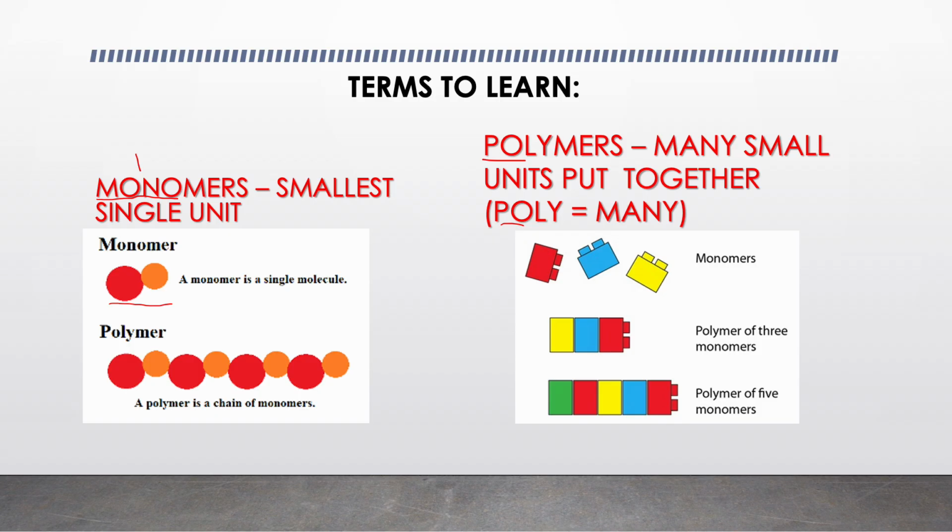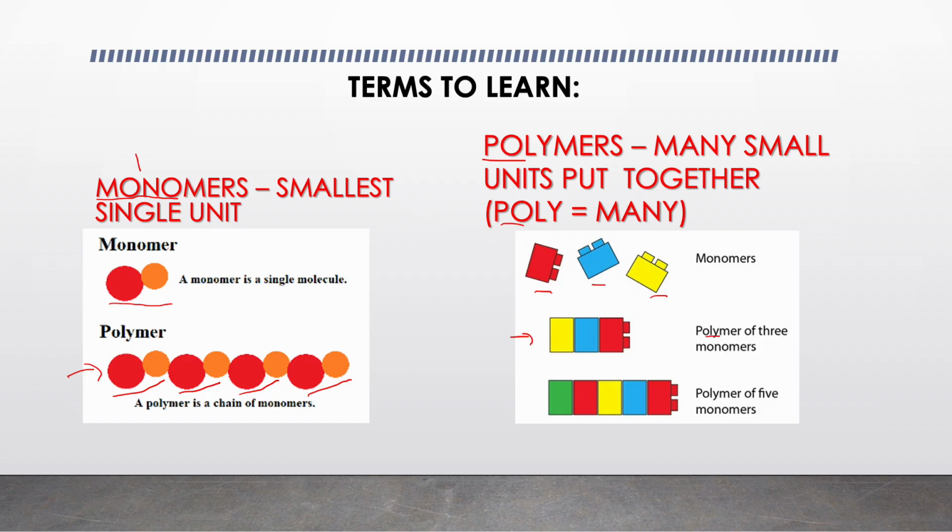This polymer that you're looking at in this first example contains 1, 2, 3, 4 monomers to make the polymer chain. Here's another example using Legos. Each individual Lego piece represents a monomer. Combine the monomers together, we make a polymer.